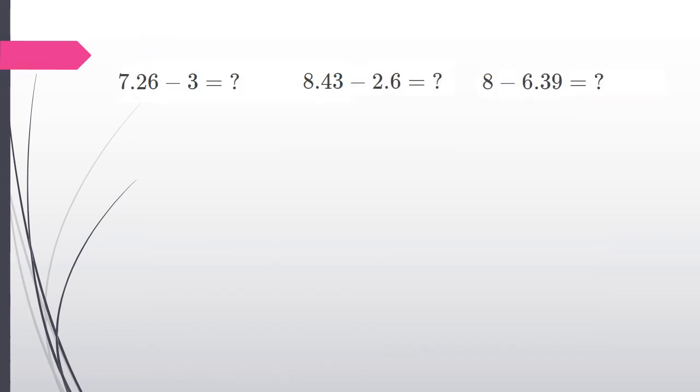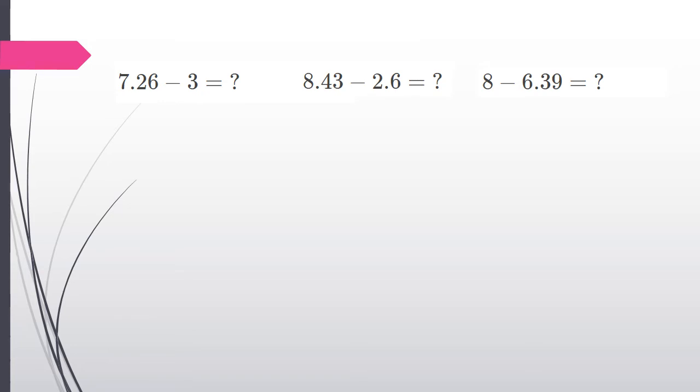Now we have 3 questions here. The first one, 7.26 minus 3. Write this up and down. 7.26 up, below it 3, and in the ones place put 3. Yes, here 3 is a whole number, not a decimal. So what do we do in this case?